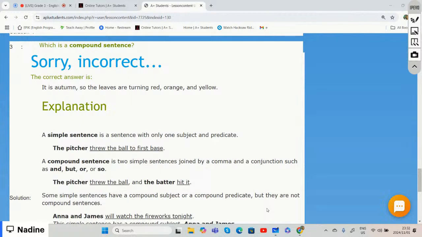Is that a simple sentence or compound sentence? And why do you say so? It is autumn, so the leaves are turning red, orange, and yellow.